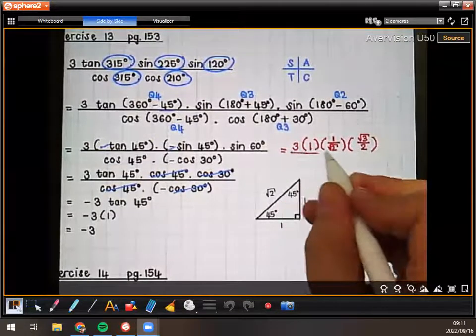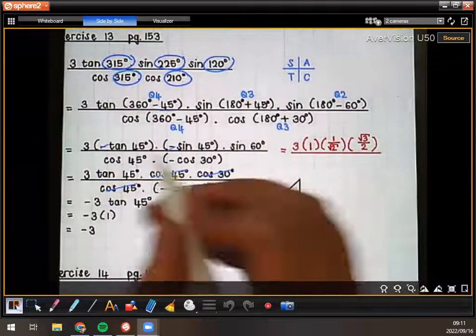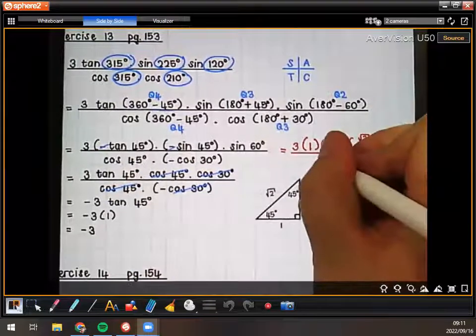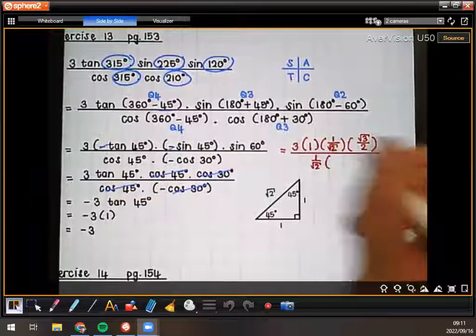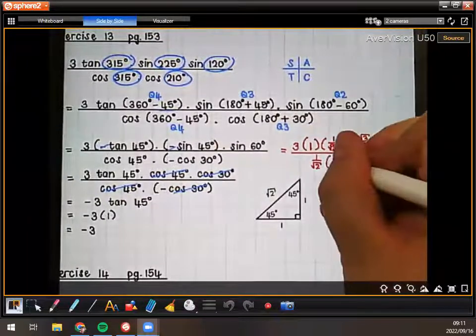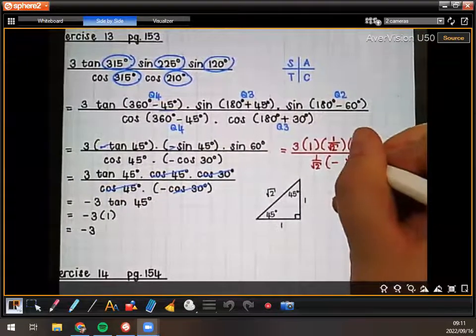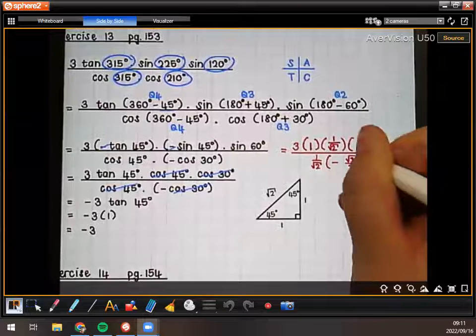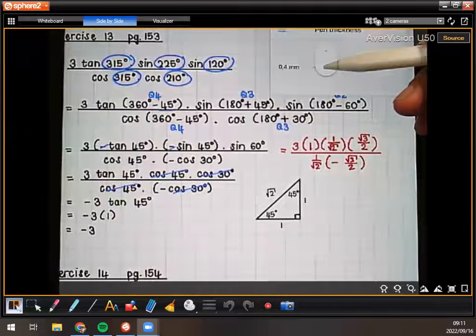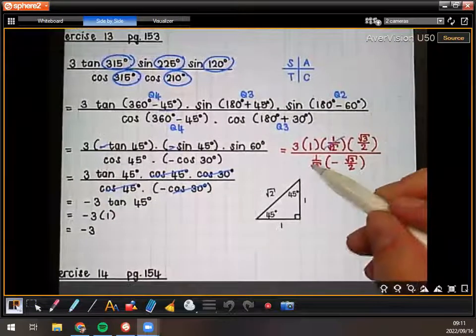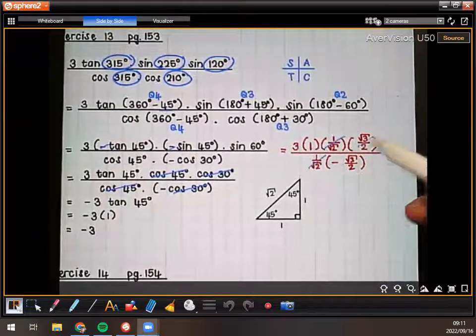And then if you did the same thing at the bottom of the fraction, you said that cos 45, because you're using this triangle, right, is 1 over root 2, and then negative cos 50 would be negative root 3 over 2 as well. Right, and then you could cancel off. That's also fine. So then you have a 1 over root 2 and a 1 over root 2, and you have a root 3 over 2 and a root 3 over 2, and what's left? 3 times 1.